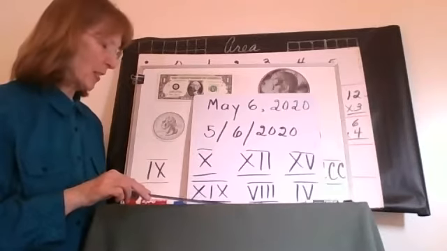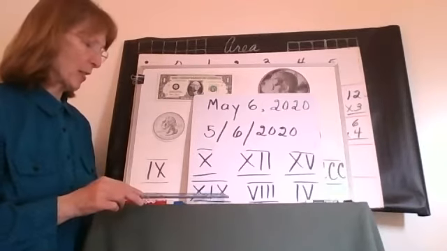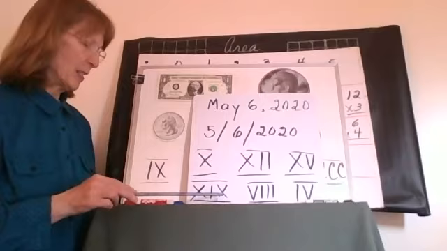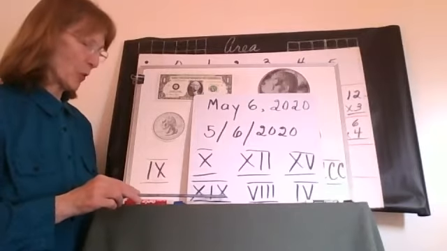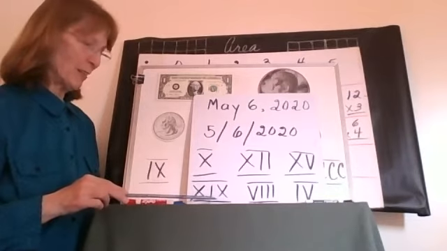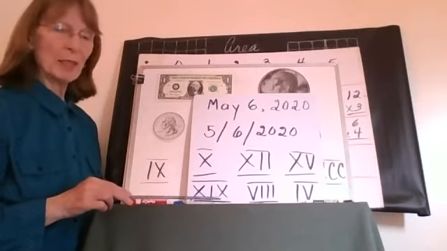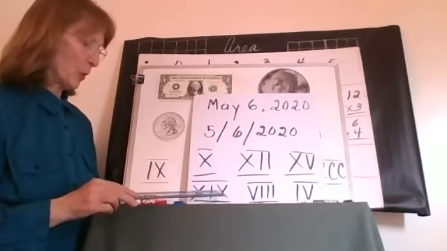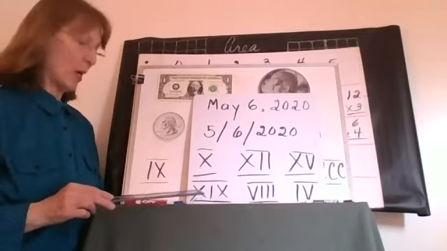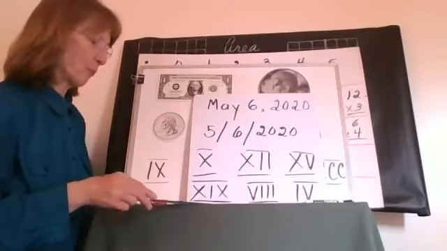I heard somebody say 19. That is correct. X, I, X, or 10, I, or 1. 10 minus 1 equals 9. Put the 9 with the 10 and you have 19.